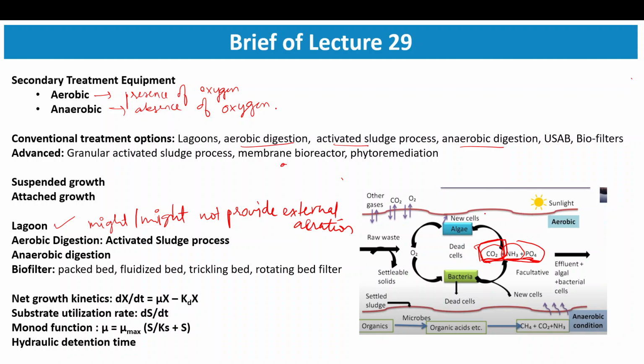So the role of the algae here is that they consume the carbon dioxide formed by the degradation of organics, and release oxygen which is further used by bacteria to degrade more organics coming in through wastewater. That cyclic process of continuous generation of carbon dioxide through degradation, and further generation of oxygen by algae taking up that carbon dioxide, continuously goes on.